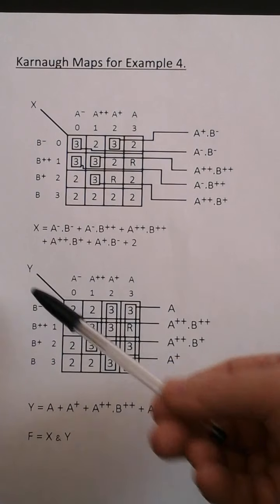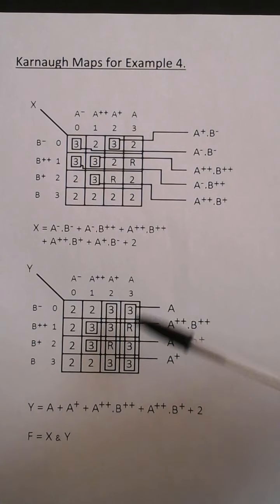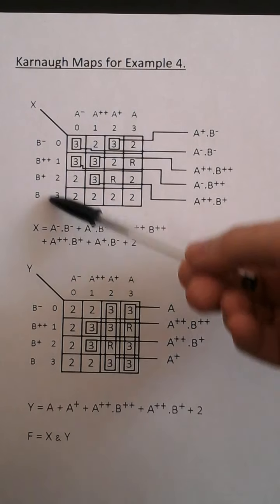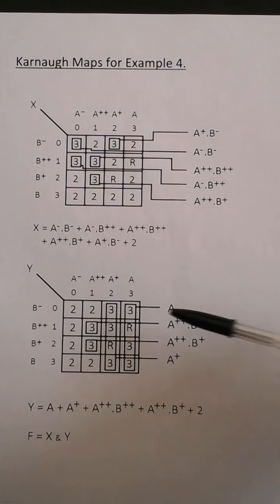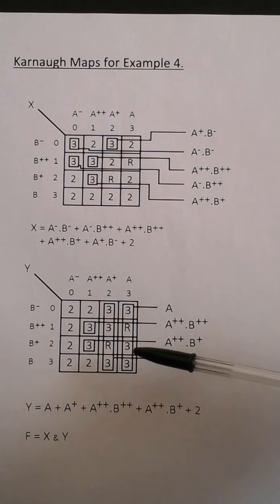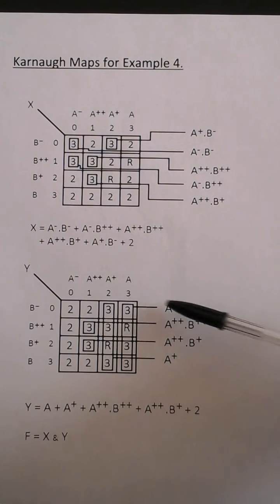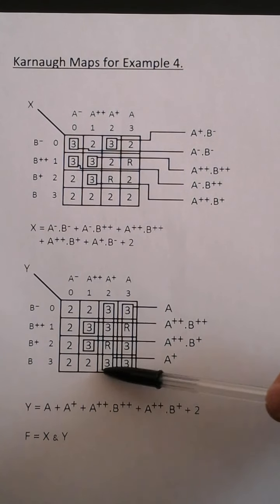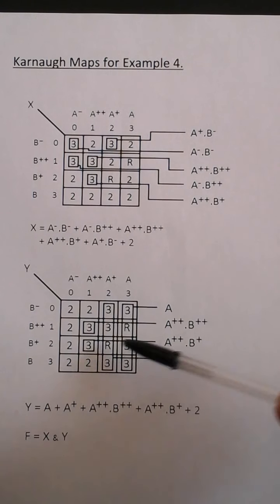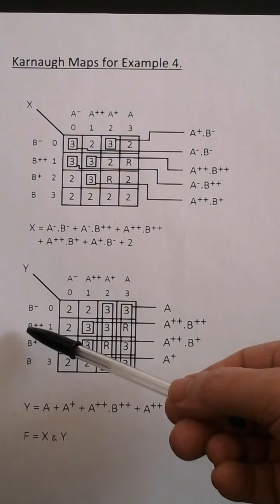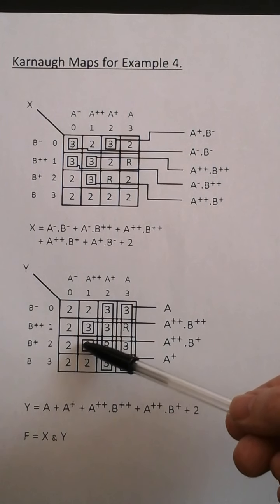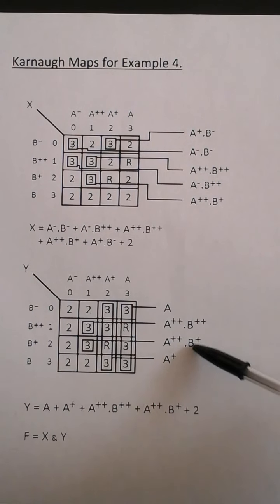For function y, again you're looping the 3's, so it's the same labelling as here. This is variable a, this is variable b, and here I'm looping an entire column, so that's a, and then similarly an entire column there, so that's a plus, that one a plus, and this is a plus plus min b plus plus, is a plus plus min b plus.